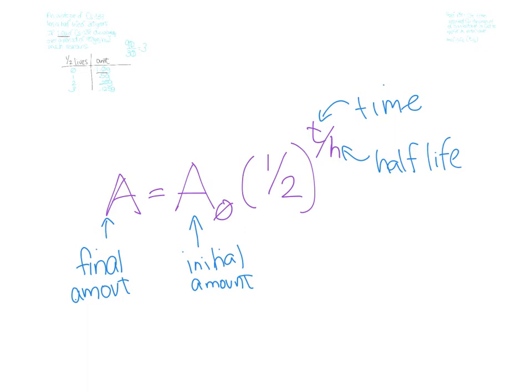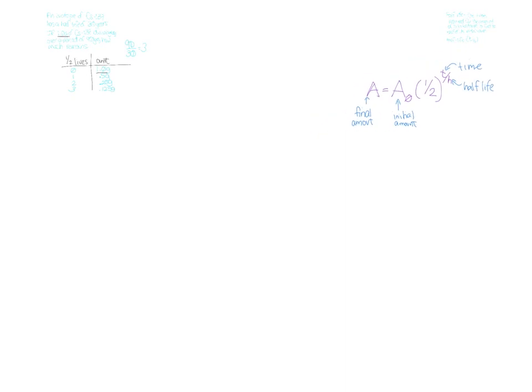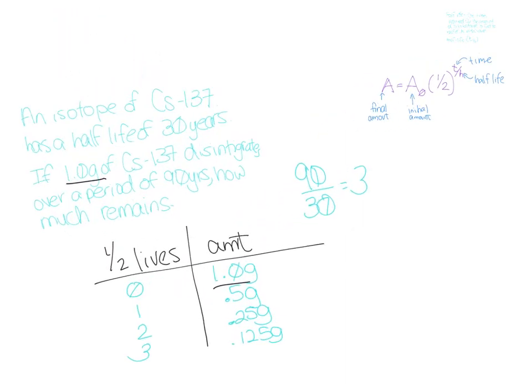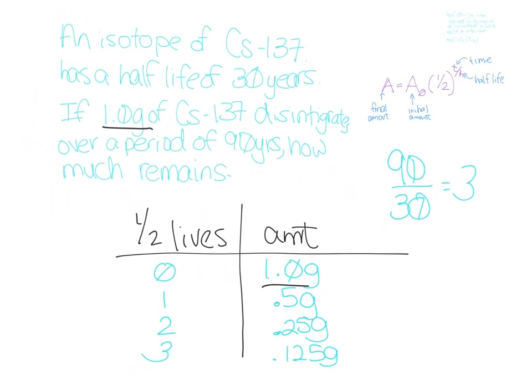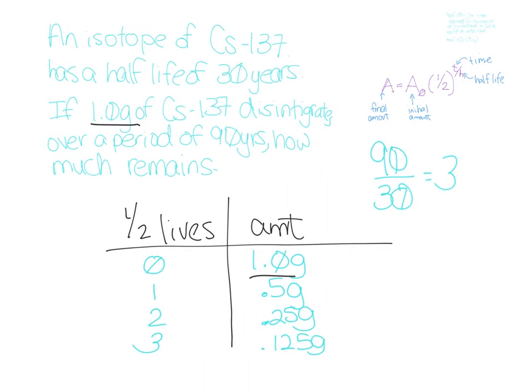So let's go ahead and do the same equation since we already know what the answer is going to be. A is the final amount. That's what we're solving for. So A is equal to, how much did we start with? 1.0 grams times 1 half.